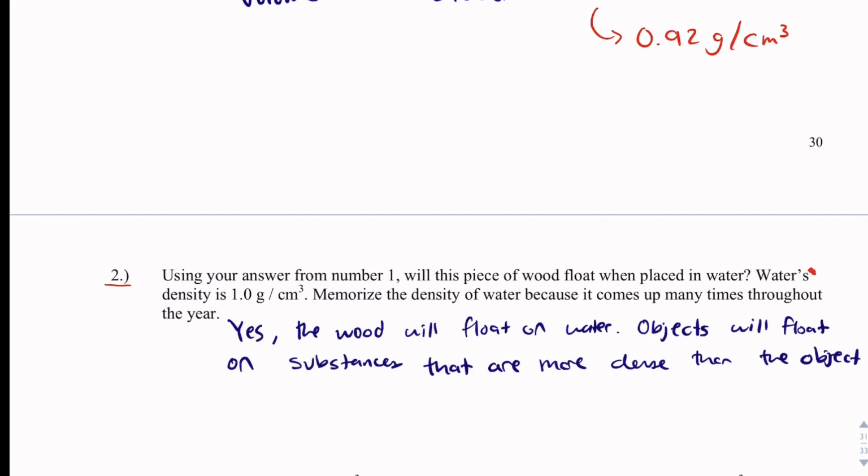So water has a density of 1 gram per cubic centimeter. This piece of wood has a density of 0.92 grams per cubic centimeter. The wood is less, therefore it will float.